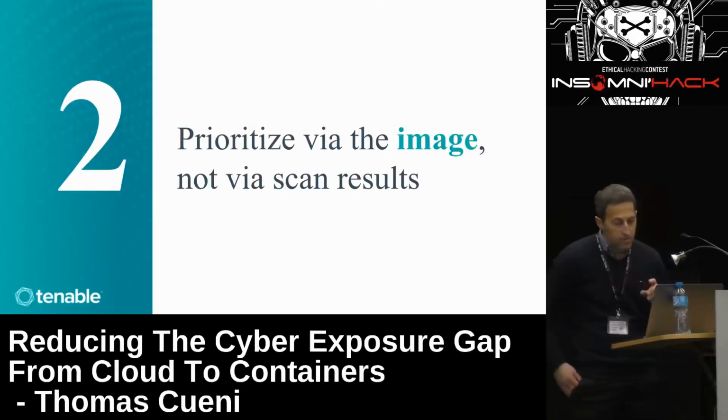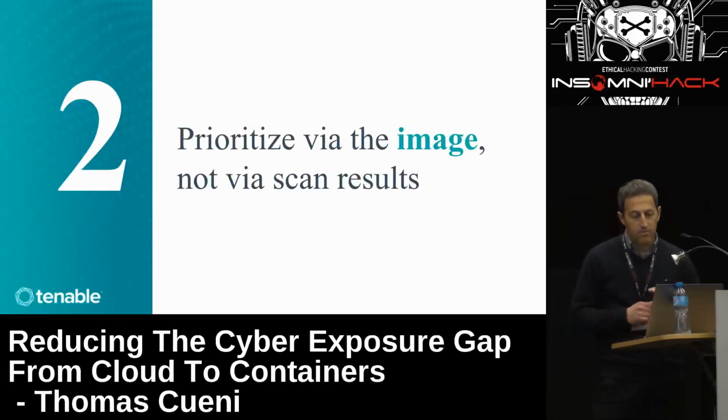Then next step, how is prioritization done? Because if you look at classical vulnerability management, how does it work? You take your Nessus scanner, you scan your environment, and you get a lot of results. And the vulnerabilities, they are critical, they are high, they are medium, they are low.